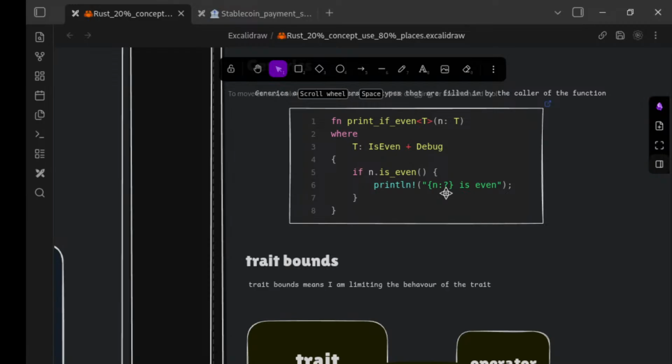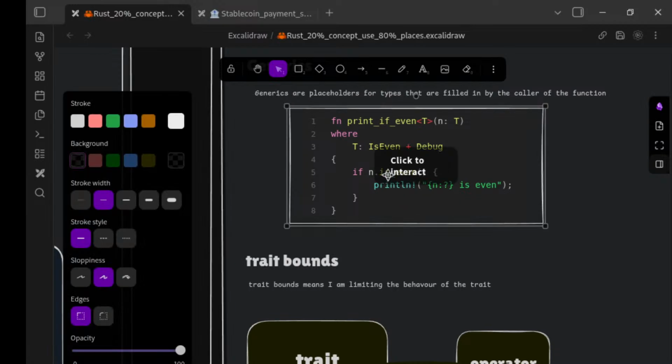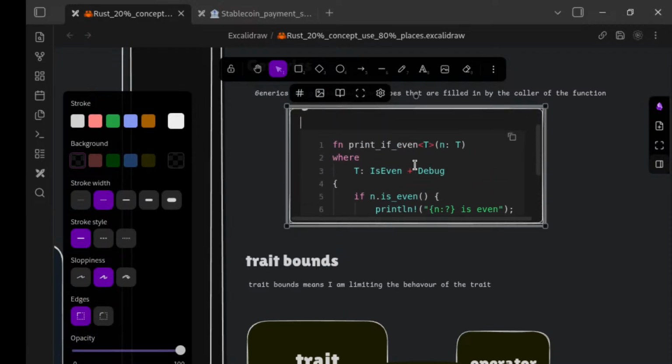We are using the Debug trait. Sorry, I have some mistake on this part. We are using the fmt function, and the fmt function came from the Debug trait.